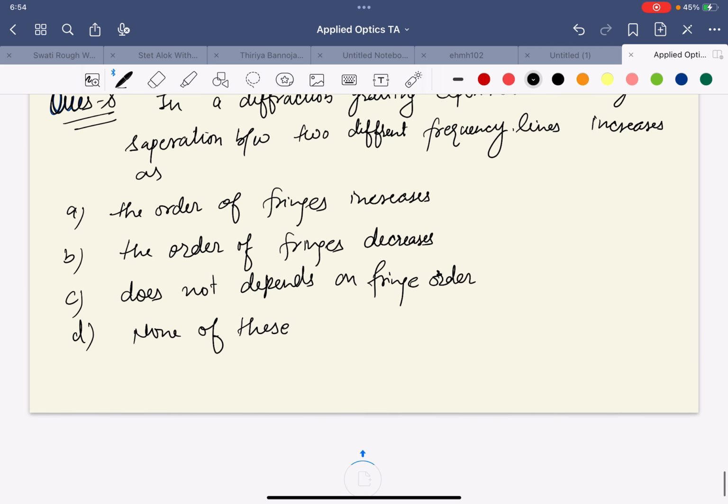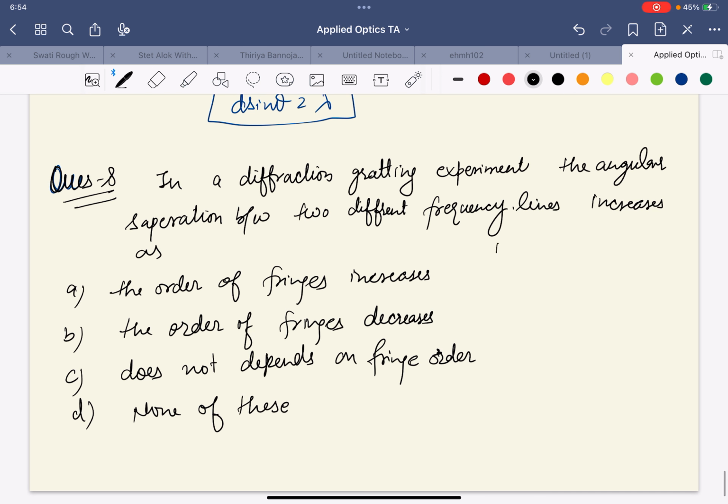If we write the grating equation, m lambda is equal to d sine theta, where m is the diffraction order, d is the grating spacing and theta is the angle of diffraction.